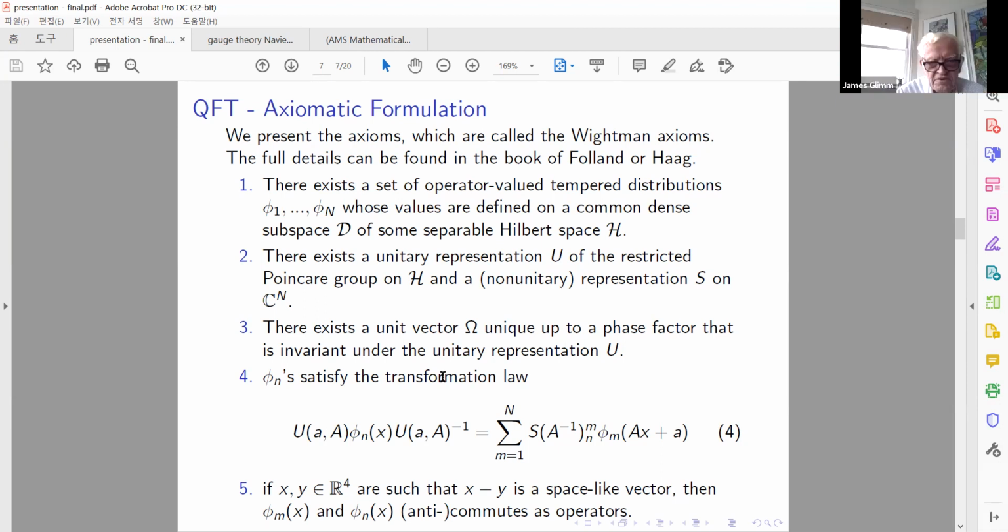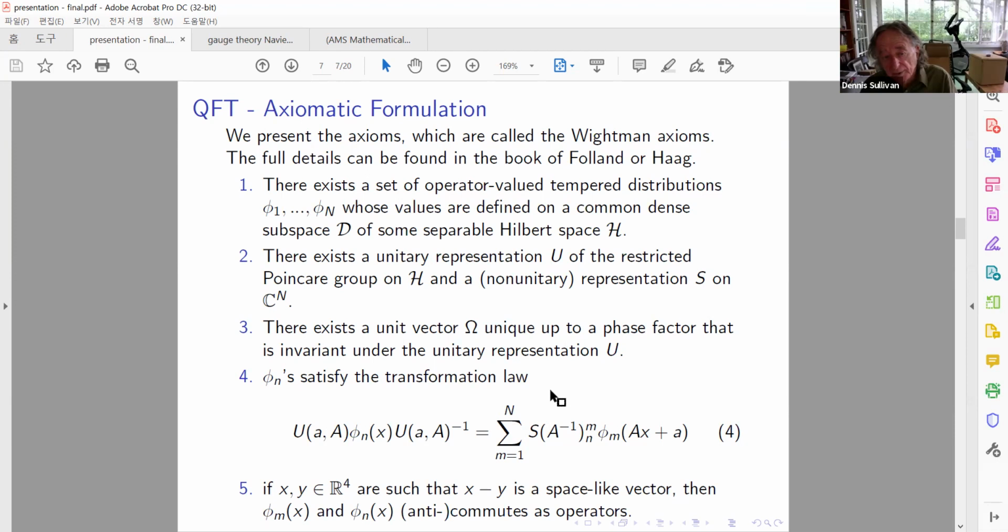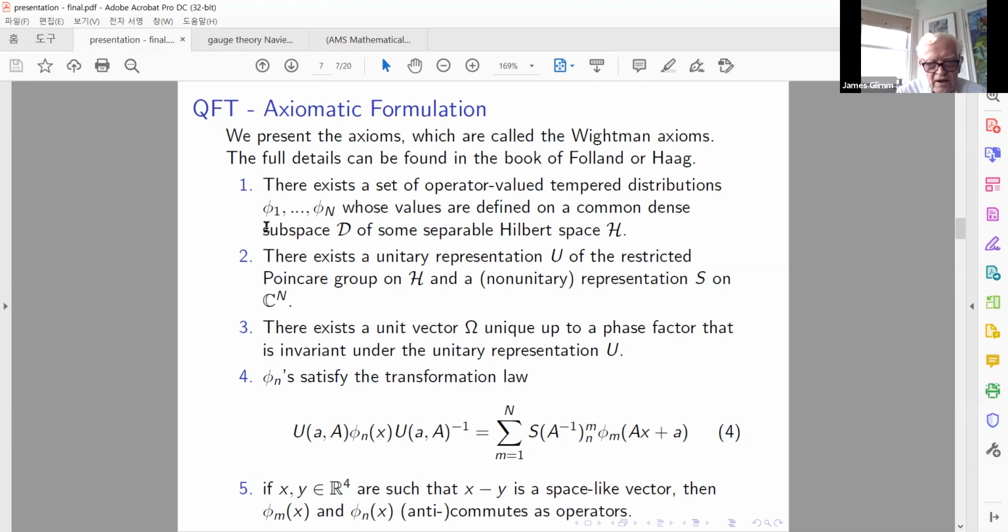Well, I think in the sense you're talking about, it is an algebra. Products of densely defined operators with a common domain that's invariant under the operators form an algebra. So the reconstruction theorem gives you an algebra. No, the distribution valued. The axioms themselves do not give you an algebra in any direct sense.